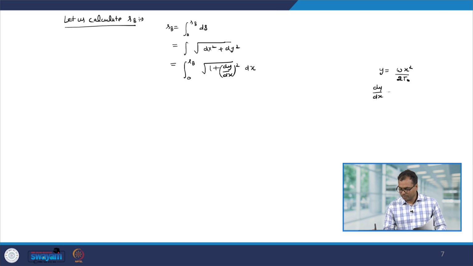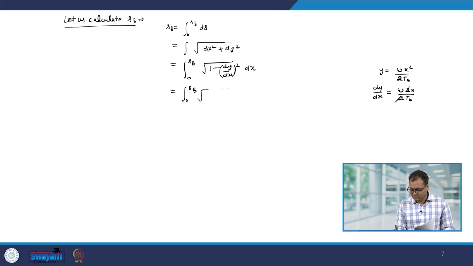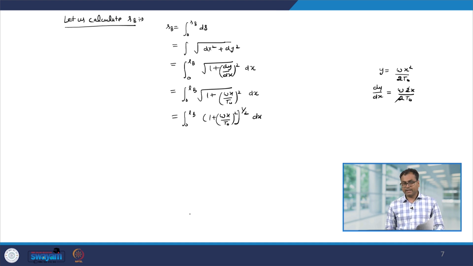So, therefore, dy by dx will be w 2x over 2 T naught, 2 will get cancelled. So, we have integral 0 to LB square root 1 plus wx over T naught whole square dx, and this I can just rewrite as 1 plus wx over T naught whole square to the power half dx, and under the condition that wx over T naught is small, I can expand this. 1 plus x to the power n is 1 plus nx plus n into n minus 1 over factorial 2 x square plus so on.